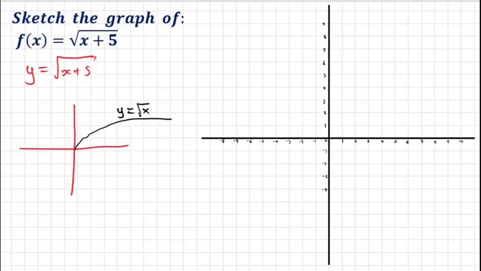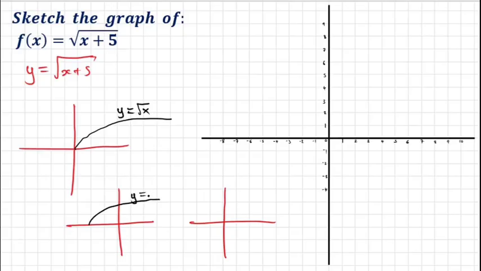So if that's the case, whatever you add or subtract inside the square root will either cause the graph to move to the left or to the right. So I'll draw another graph here and another one here. If the graph is to move to the left, maybe it passes here like this. This means that the graph is y is equals to the square root of x plus maybe 2.